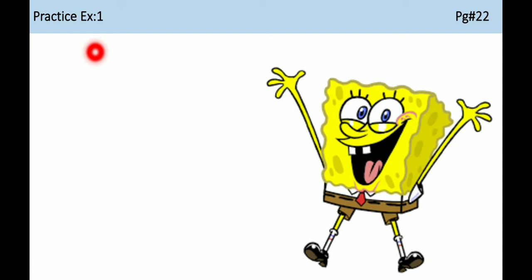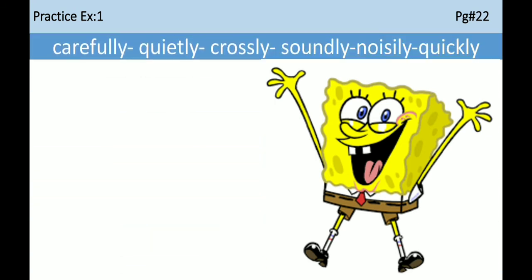Practice exercise 1, page number 22. I hope you have pencils in your hands so you can do the exercise with me in your books. In this exercise, we have been given a word bank.